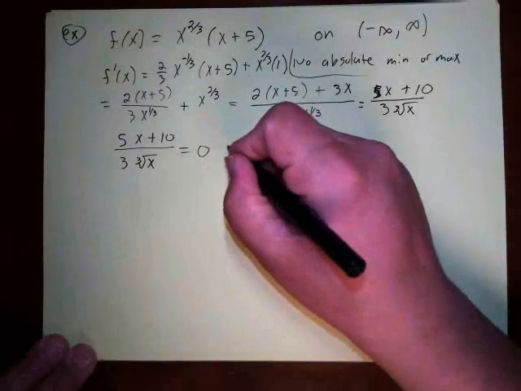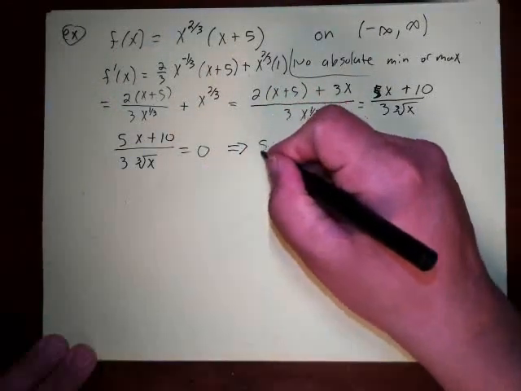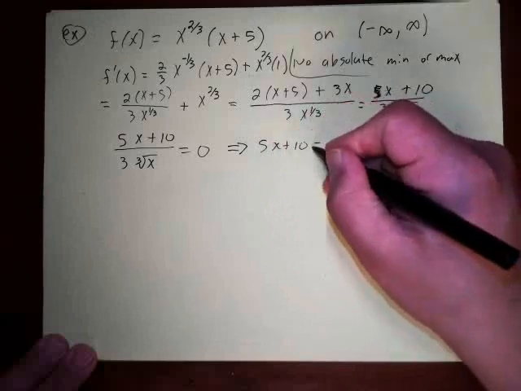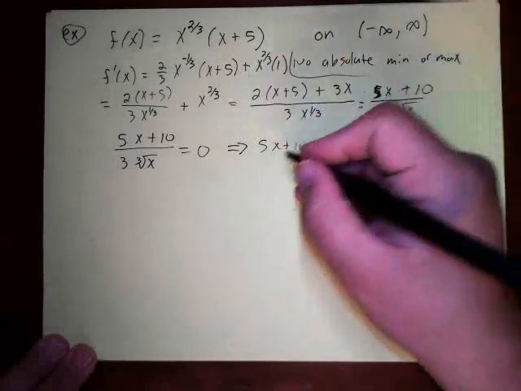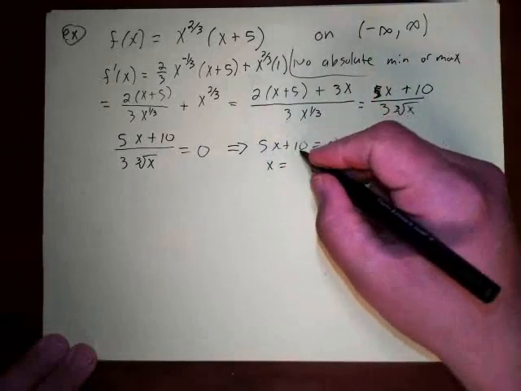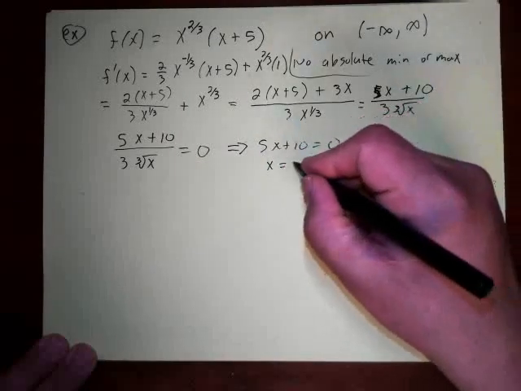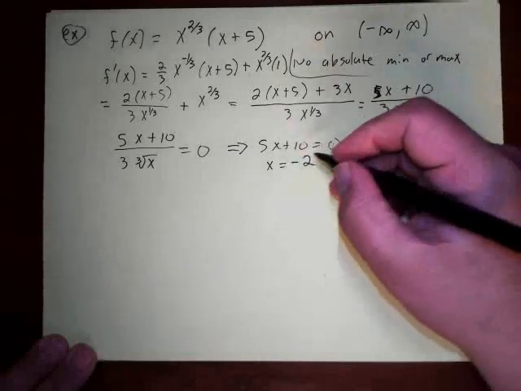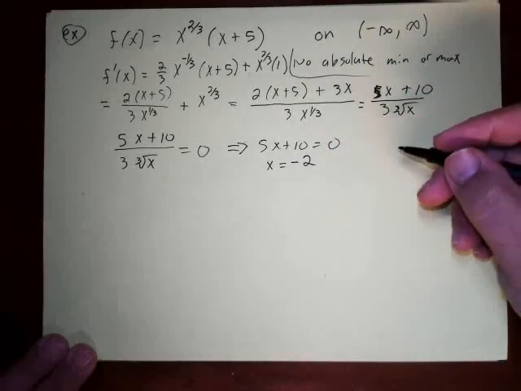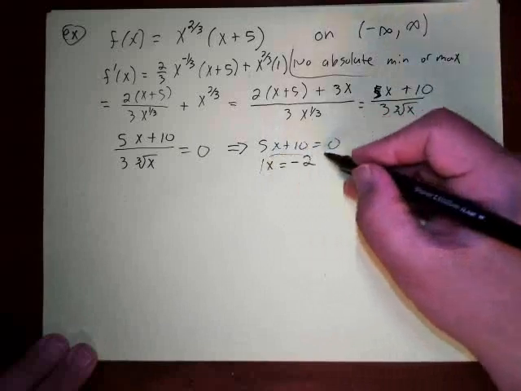So really I just need to solve 5x plus 10 is equal to 0. When I do this, I bring the 10 to the other side, divide by 5, and I get negative 2. So my x is equal to negative 2. So this is a critical point.